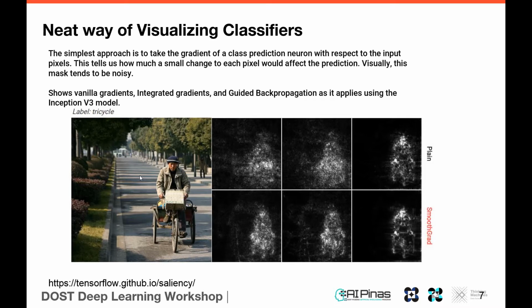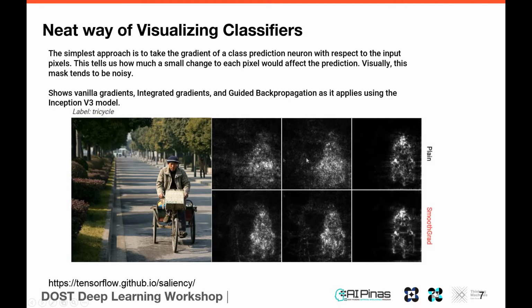So this is a very interesting piece of work done recently. It's on TensorFlow called Saliency. What it is doing is it's taking this picture. A normal CNN would label it tricycle. But why? This uses integrated gradients and guided backpropagation to show you what region in the picture most influenced the classifier's decision to call this a picture of a tricycle.